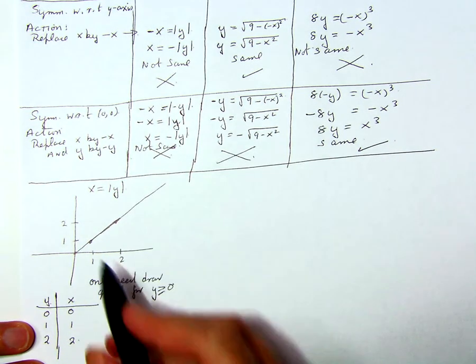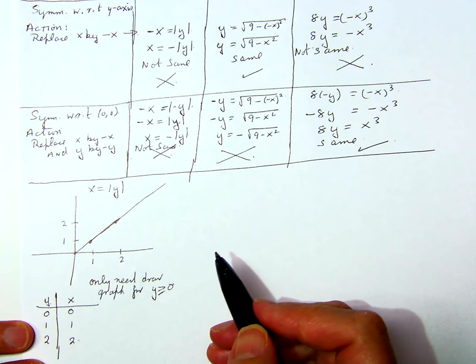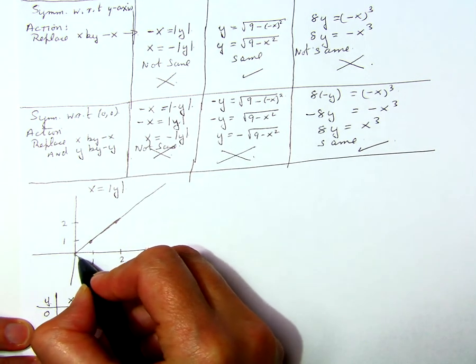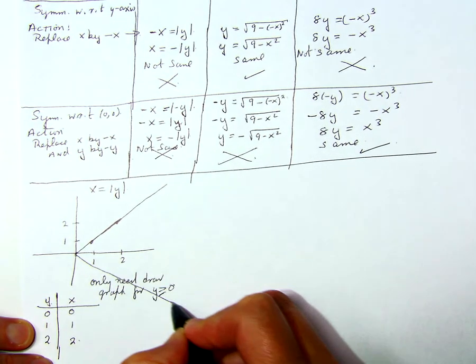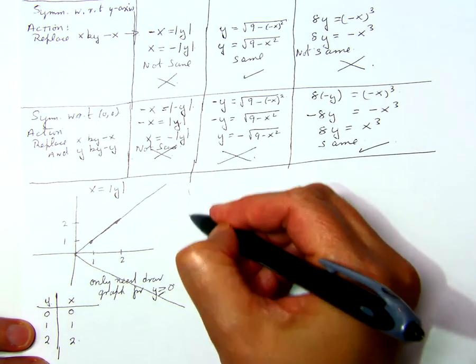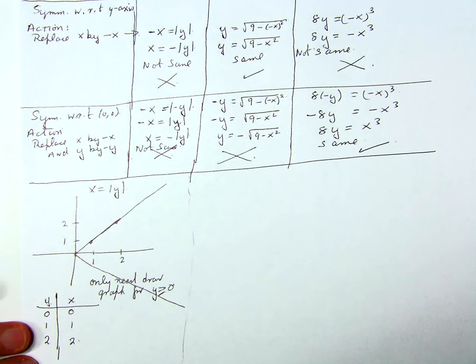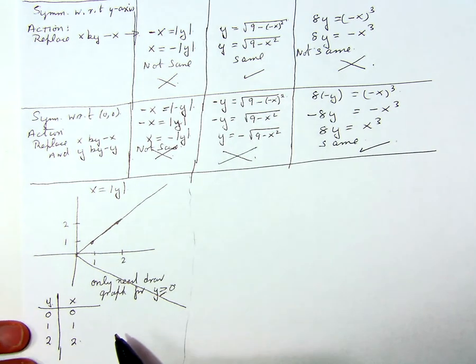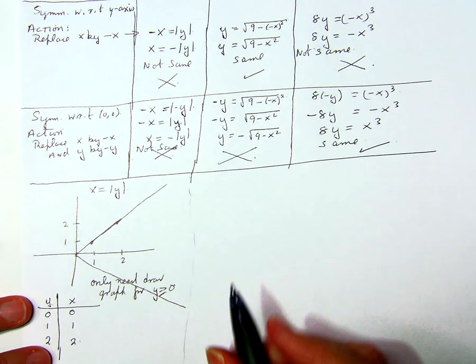And now that's what the top half of the graph looks like, and because of the symmetry, I can just reflect this in the x-axis to get the bottom half of the graph. So it gives me a sketch of the graph of x equals the absolute value of y, and it reduced the amount of work by half in this case.